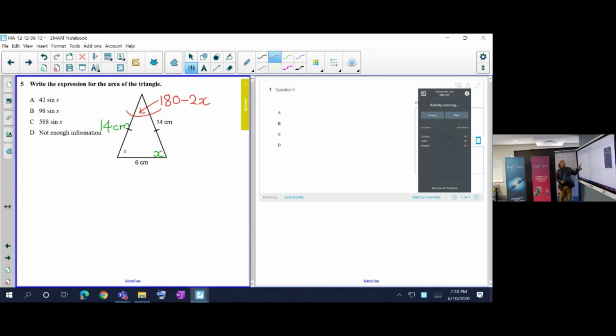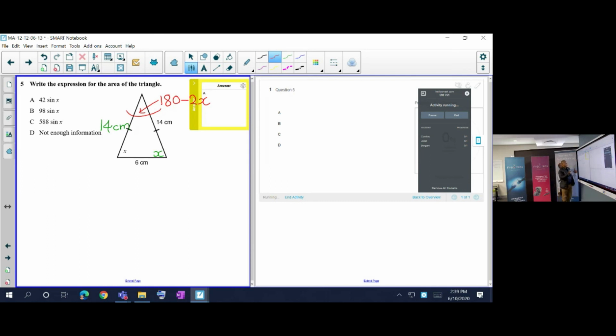So the sum of angles in a triangle equals 180. We remove these two, we get the third angle, which means if you check our solution, you see that our answer is number A.